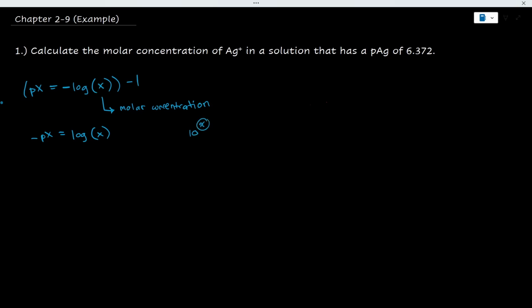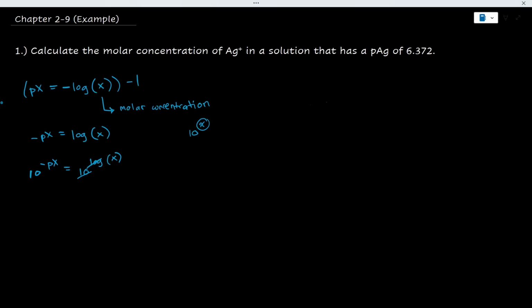Let's do this on both sides. So 10 to the negative px is equal to 10 to the log of x. Basically, 10 to the power is an anti-log, so this would be cancelled, leaving us with x.